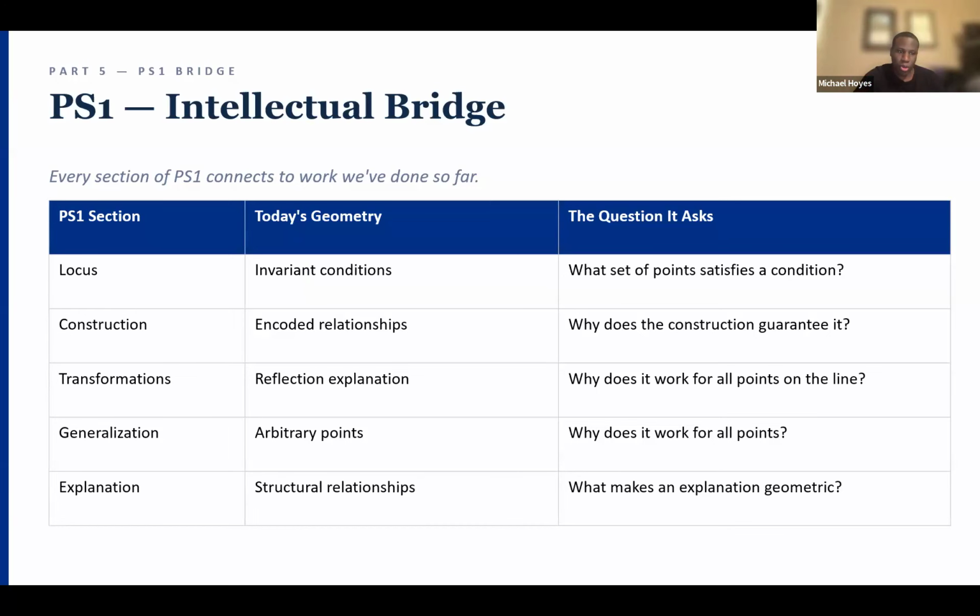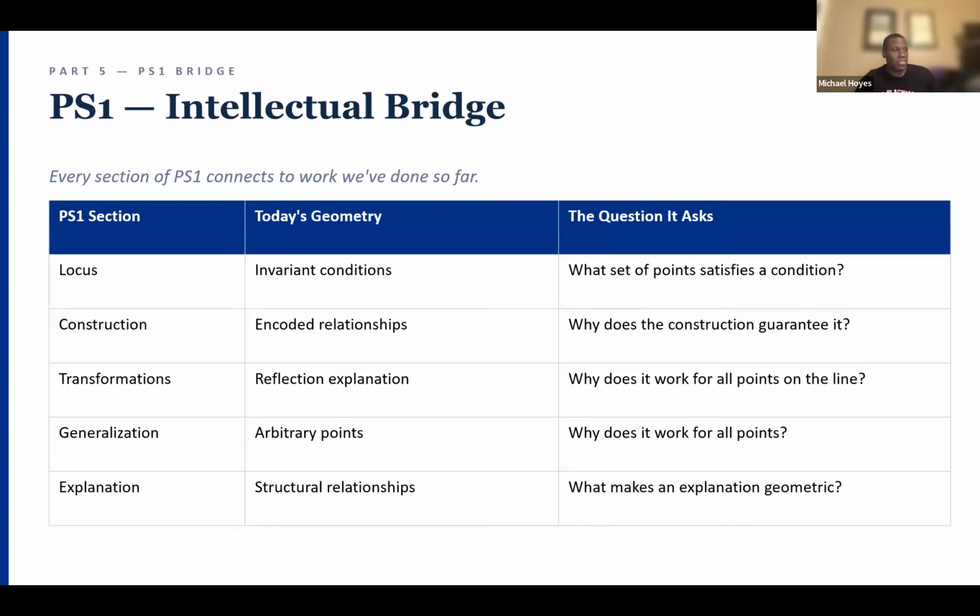You have a section on locus ideas, and it'll speak to the ideas of invariant conditions, things that must be true that satisfy this condition. That's what loci are. I have a construction question where you're asked to construct something, and then what is a construction guarantee? Then you have your transformations. We talked a lot about reflection as the transformation explaining the perpendicular bisector.